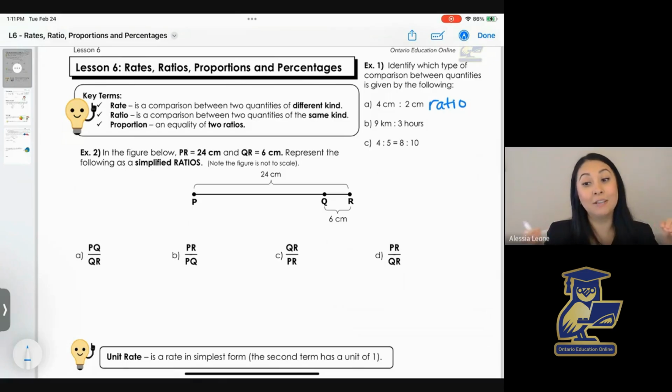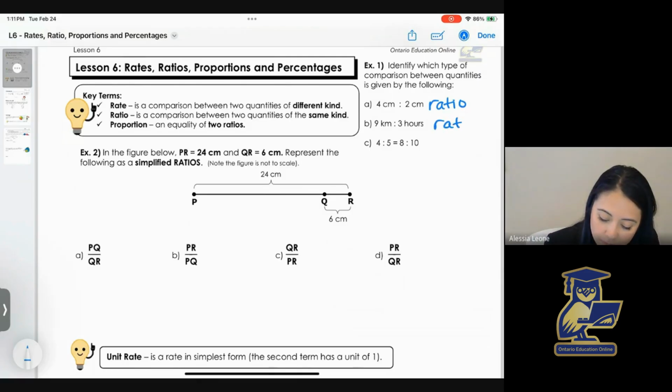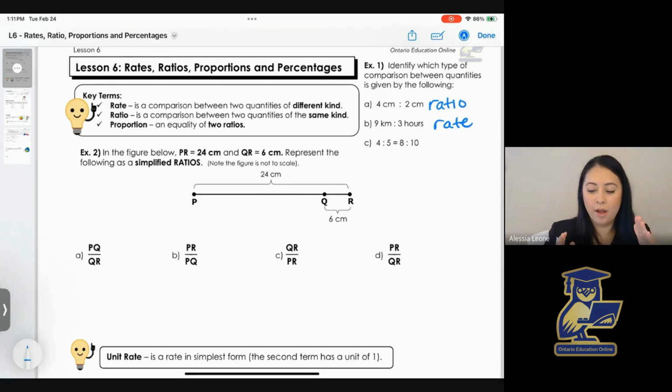Because we're using different units, that we know is a rate. And then at the end there, we have 4, 5, 8, 10. On that line, C. This is showing us two ratios with an equal sign. It's showing us those two ratios are equal. That is showing us it is a proportion.